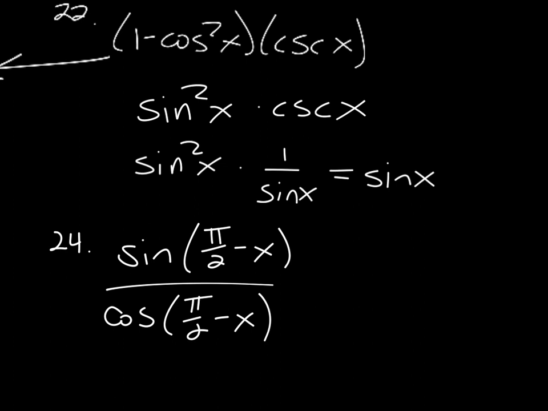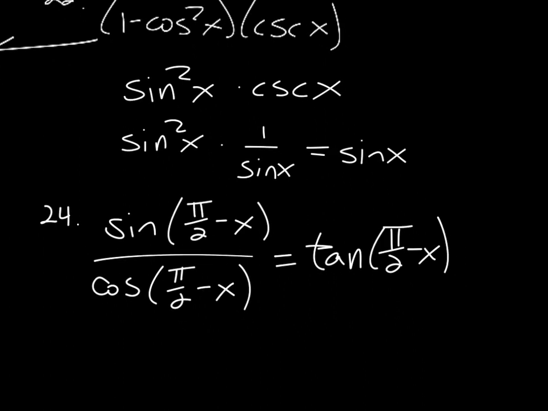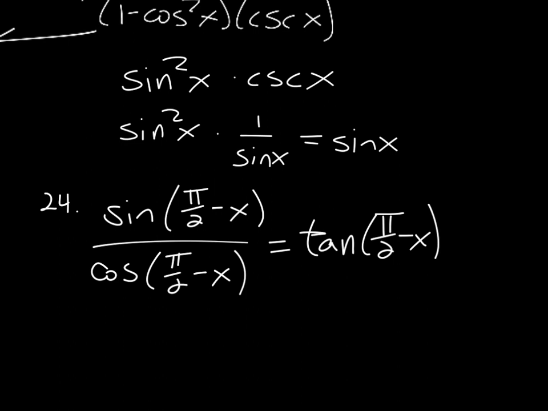You change that into the tangent? Probably. I wasn't going to do it that way, but probably, yeah. Yes. So this could be tangent. So there's a couple different ways. Because it's just sine over cosine, as long as what's inside the parentheses is the same, we could call this tangent of that. No, not tangent of x, just tangent of that. Now, that's not one of our options.